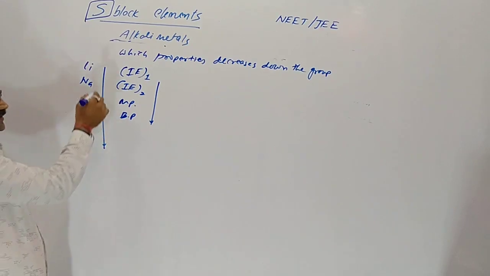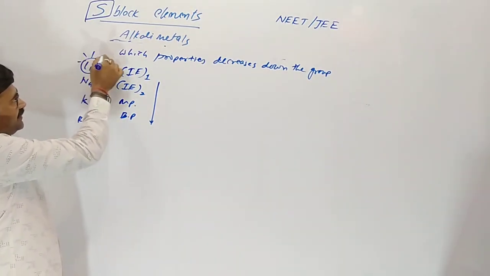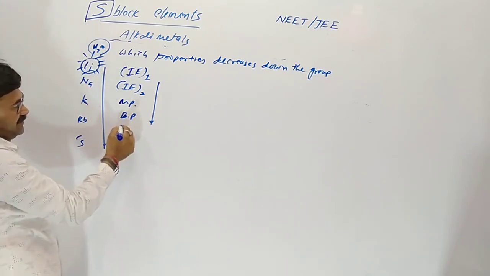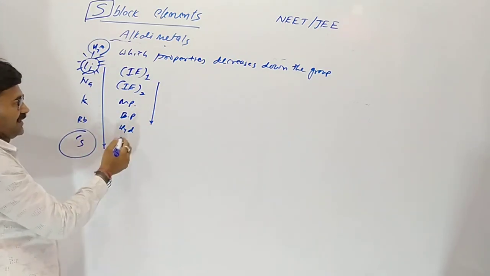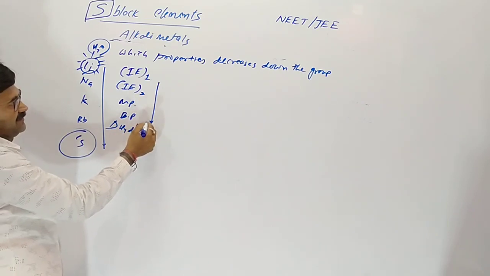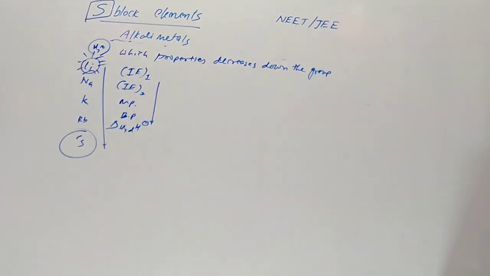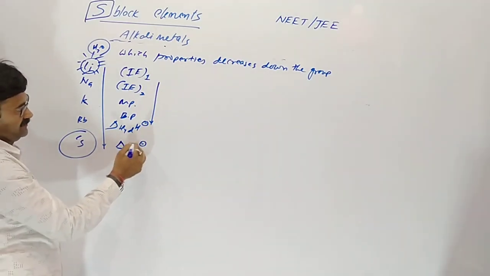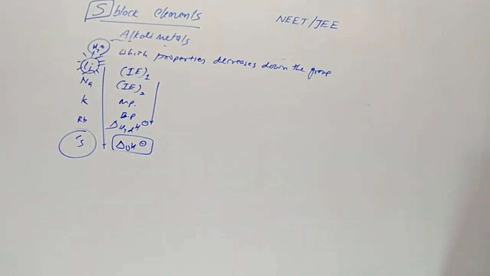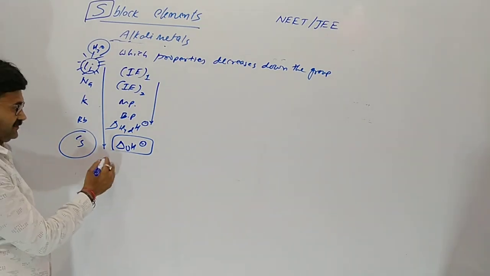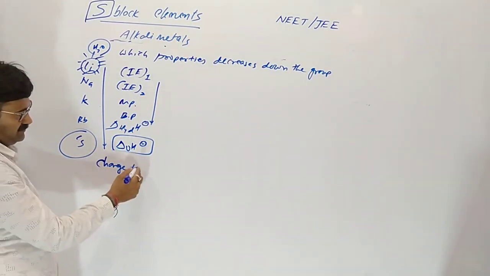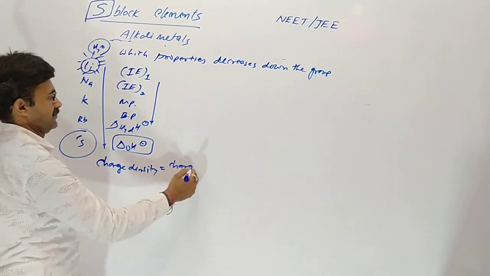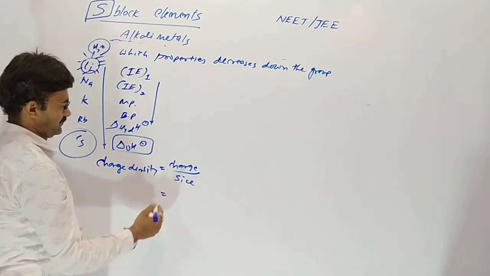Hydration enthalpy also decreases. Lithium has a great attraction toward water due to its smaller size, while cesium has very little. Lattice enthalpy also decreases. Charge density means charge upon size.